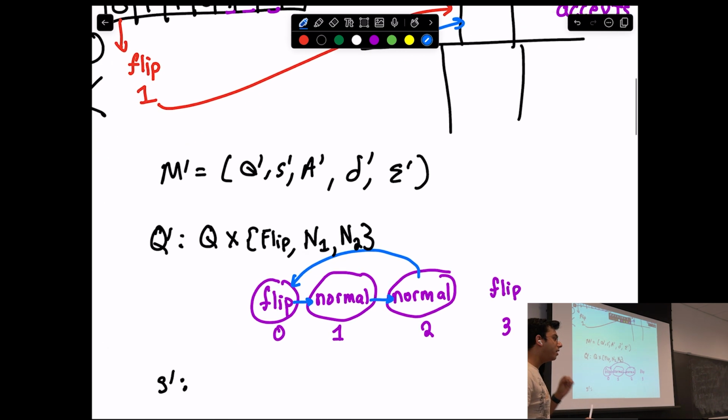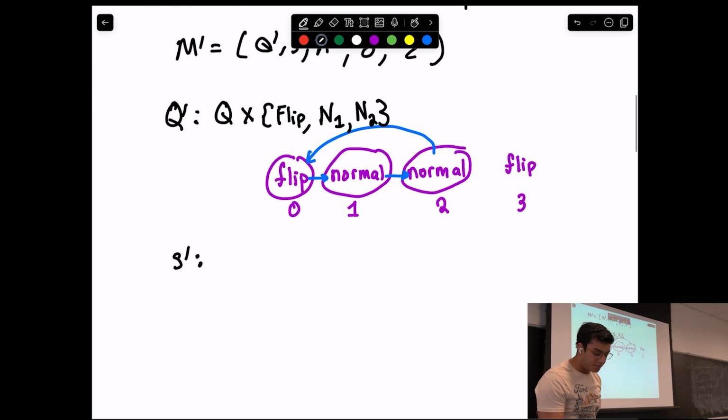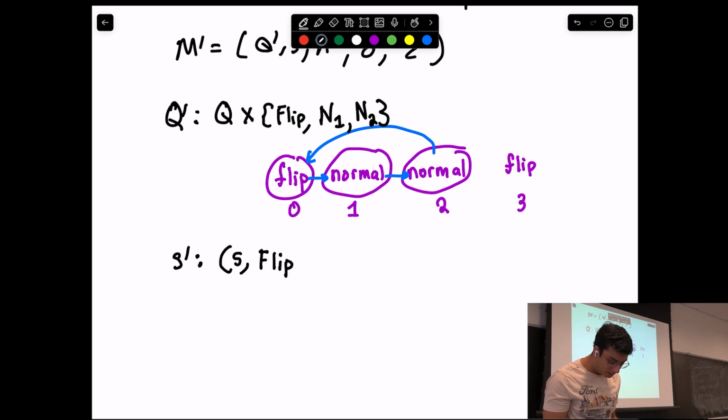We know that the set of states in the new NFA, M prime, that we're constructing are tuples, where the first element of the tuple is one state from the old DFA, and the second element in the tuple is flip, N1, or N2. So the first element is an old state. The start state was S. The second element is one of these three, and I want to flip the first character, so I'm going to assign it flip. Okay?